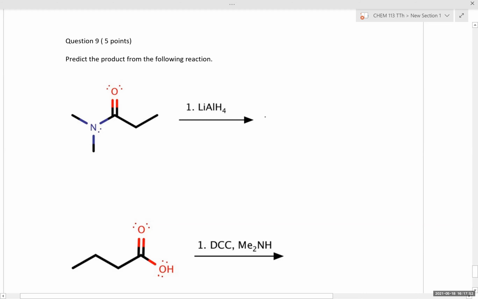An amine, right? Rather than reducing the amide to the corresponding alcohol, amides are instead directly reduced to the corresponding amine. And we've covered this mechanism, I believe, in chapter 20.